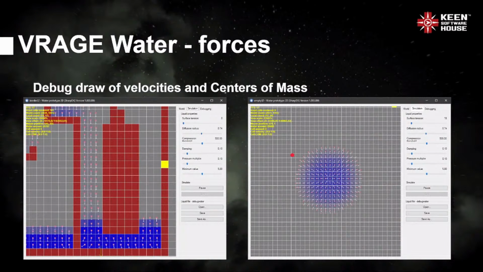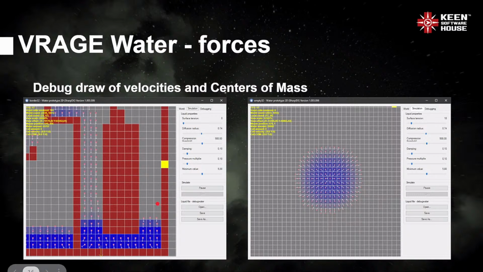This is the debug draw of our prototype application, where we are testing everything in 2D because of visualization, because of debugging and testing many variants. But it's very easy to add a new axis, to add a third dimension and move it to 3D space.